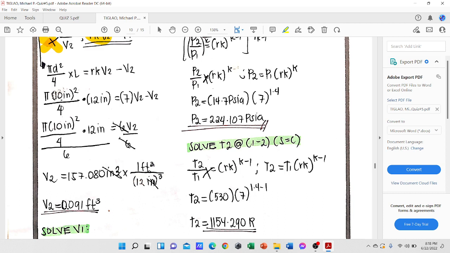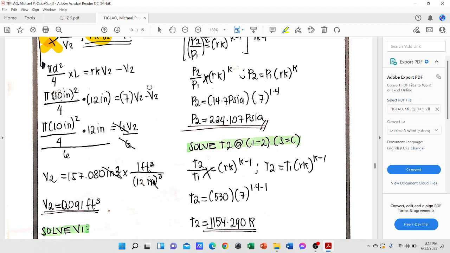Now let us substitute the values: pi, then our d of 10 inches squared, all over 4, multiplied by the length of 12 inches equals the given rk of 7 multiplied by V2, minus V2.